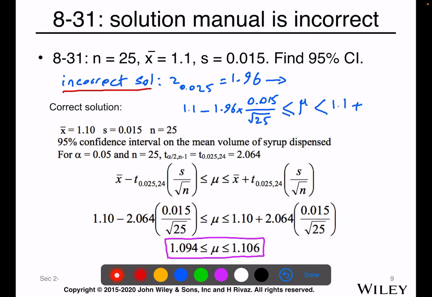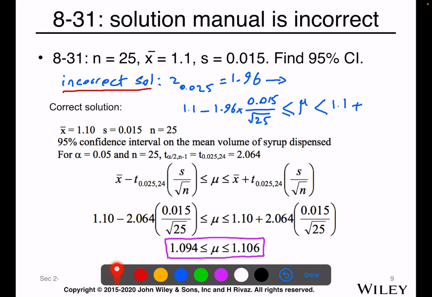Any questions? So this final answer basically means that there's a 95% chance that mu is in this interval, right? So remember that the 95% chance is for mu, not for X bar.